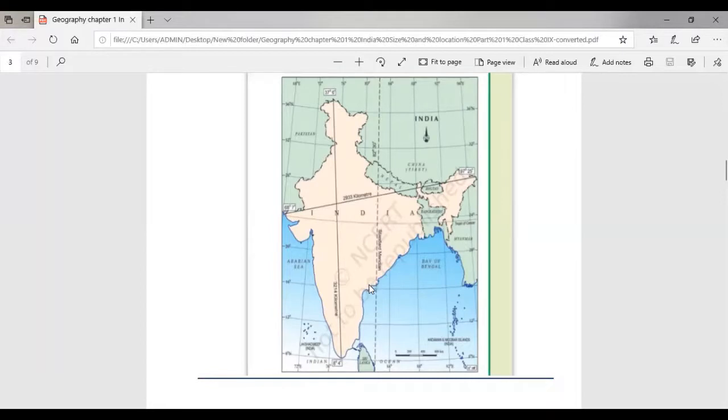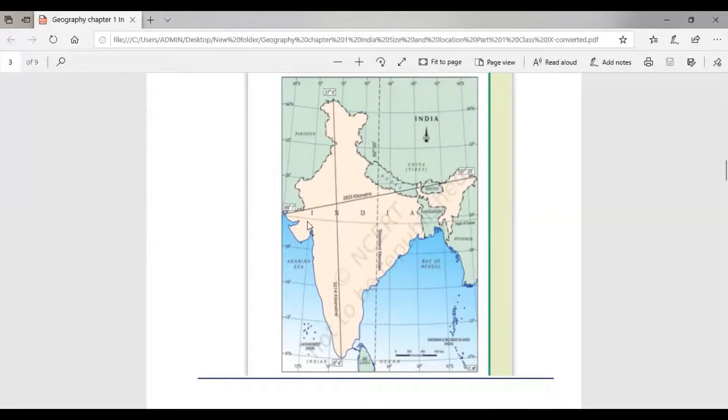The Tropic of Cancer is at 23 degrees 30 minutes north, and divides our country into almost two equal parts.